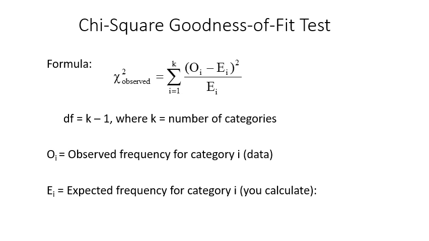So this is the chi-square goodness of fit test. It is the first one we're going to talk about of the two chi-square tests, which are very similar in how they work. The chi-square goodness of fit test is when we have one variable and multiple categories of that variable.